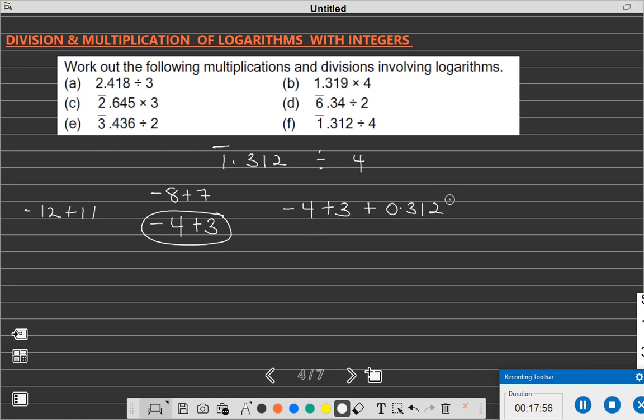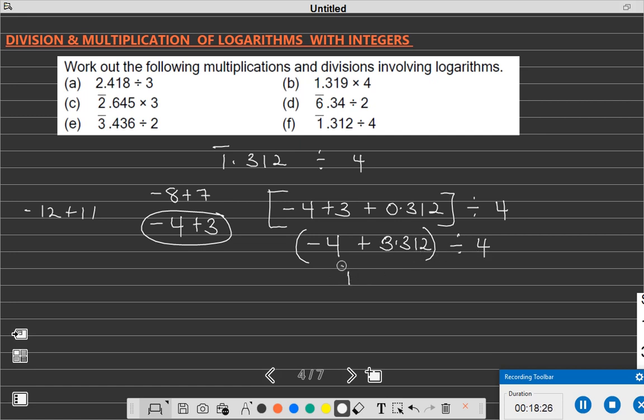So this one, we divide it by 4. So we are going to have our minus 4 plus, now this 3, with that one we get 3.312. Divide it by 4. So now we have got a characteristic which is divisible by 4. So negative 4 divided by 4, we get negative 1.